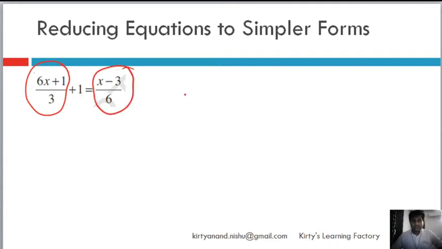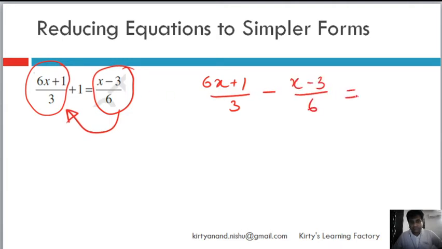Okay. So it is 6x plus 1 by 3, and I will bring this term to this side, so it will come with a negative sign. Then I will bring the constant on one side, and this is in the form of a fraction, so I will take LCM and then open this.